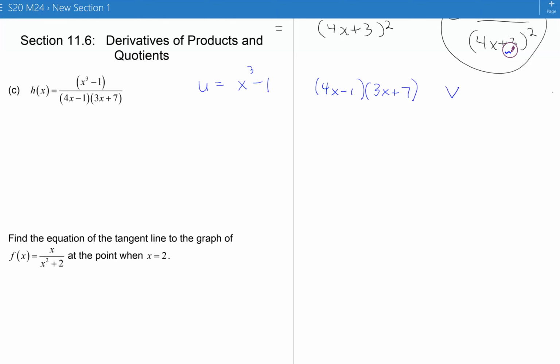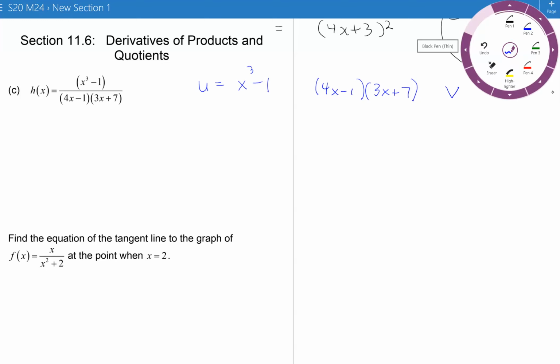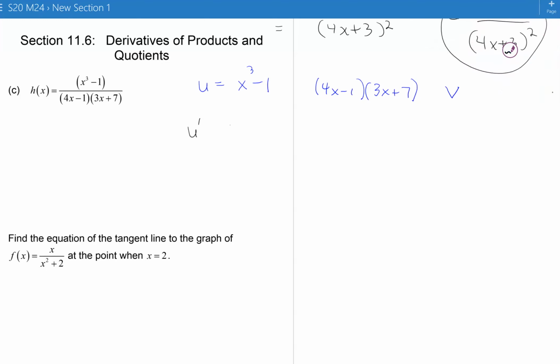That's our v function. Well, now when I go to do the derivative of the v function, I need the product rule. So let's do the u function's derivative first, 3x squared. Well, now the v function, I'm going to have the derivative of the first function is 4. The derivative of the second function is 3.